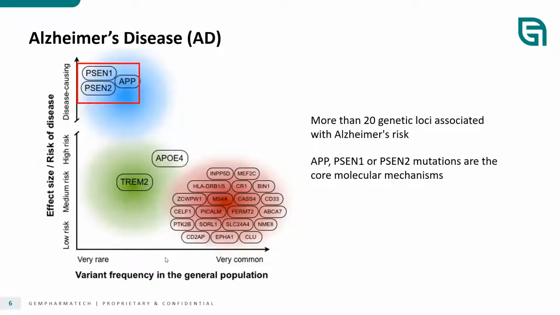GemPharmatech has also developed models to test this as well. There are known primary drivers of Alzheimer's disease, including mutations in APP, PSEN1 and 2, ApoE4, and TREM2, but also many other mutations and mutant loci that are involved in disease.